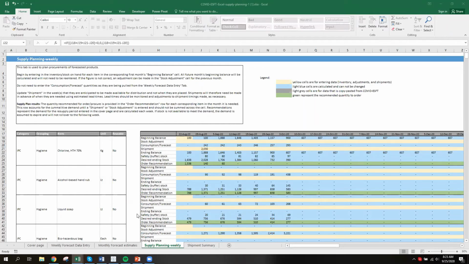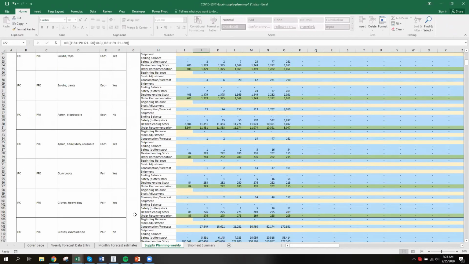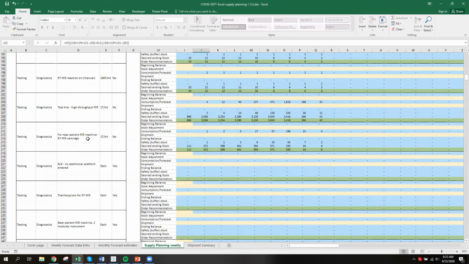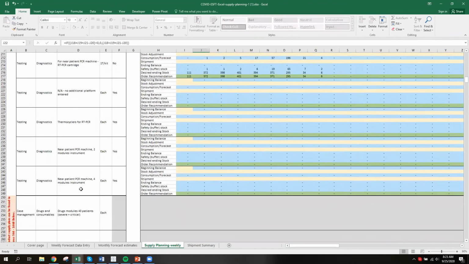But if it's a non-consumable, such as a PCR machine, then what was needed in week 1 will still remain to be needed throughout the course of the forecast. I hope I got that right, Joe, because I think I consulted you on that.